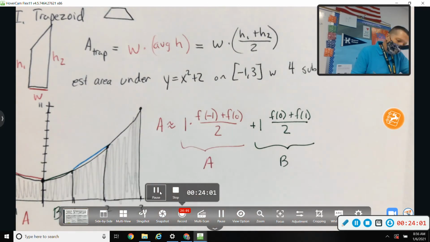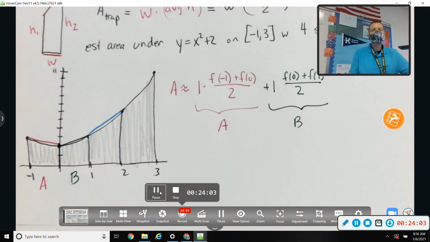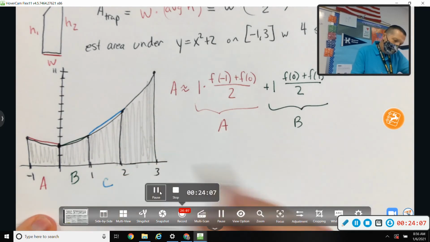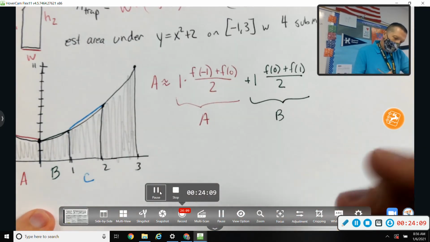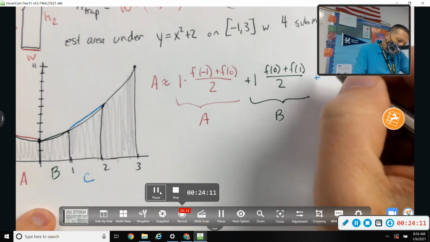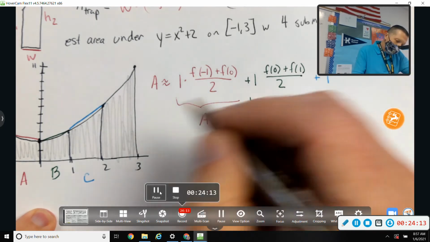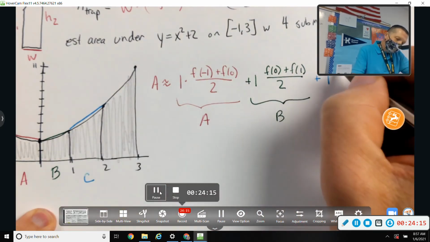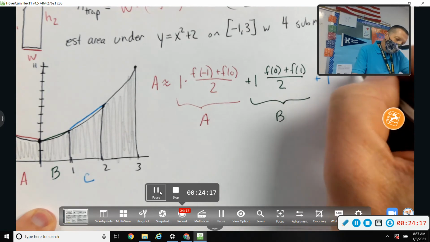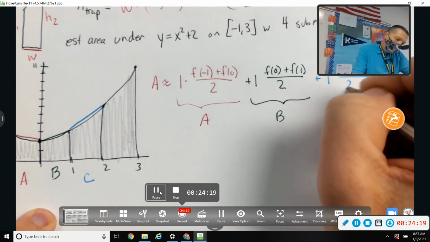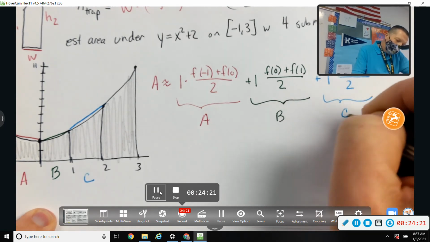You could just tell from the picture that this is going to be a really good approximation. Trapezoid C, width is 1, average of the two heights, f of 1 plus f of 2 all over 2.